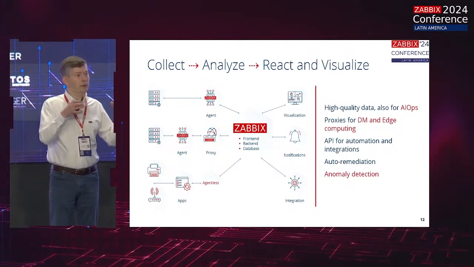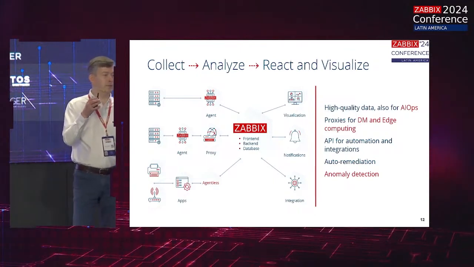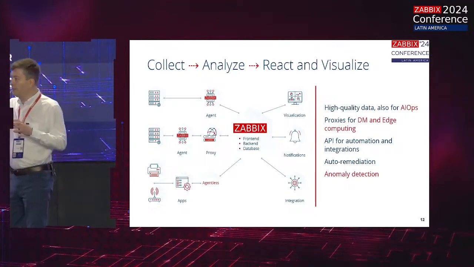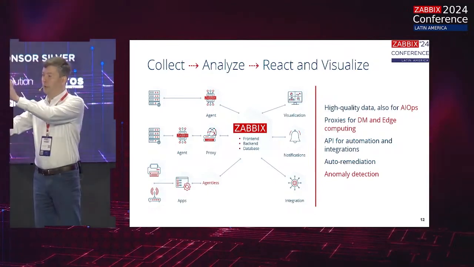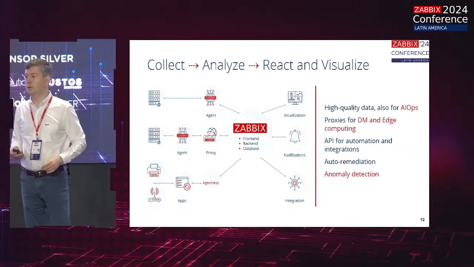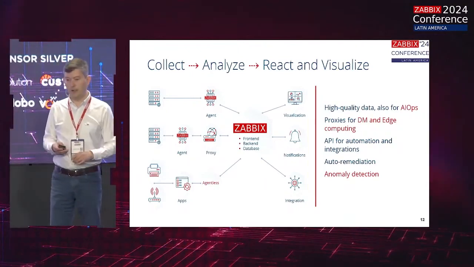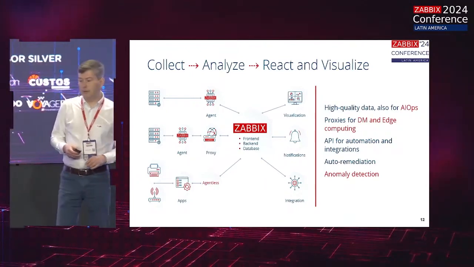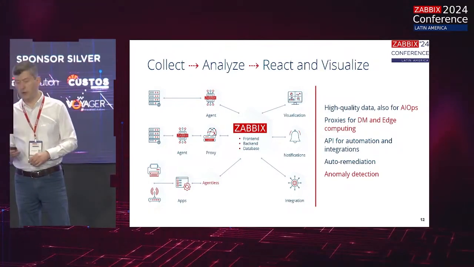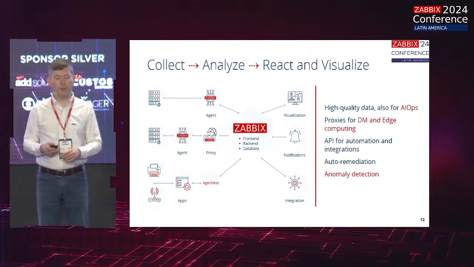And in most cases, this is the most efficient way to do data processing. So we have the source of the data, and proxies doing some work very close to the source of the data. And of course, we have API for automation, auto-remediation, anomaly detection, and many other things.